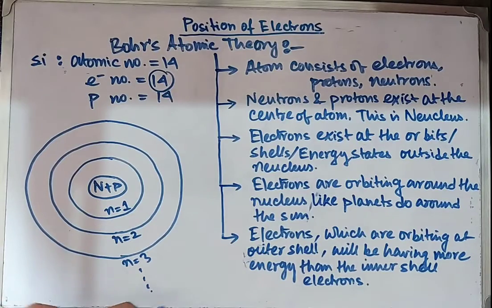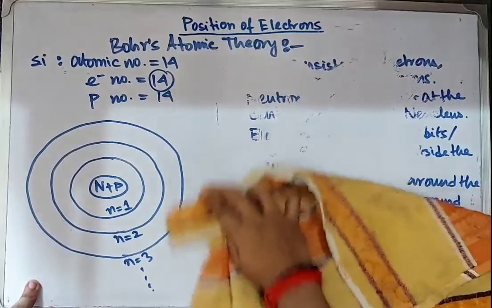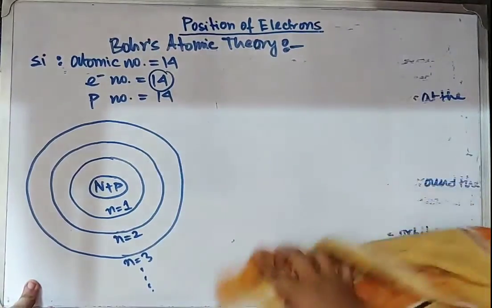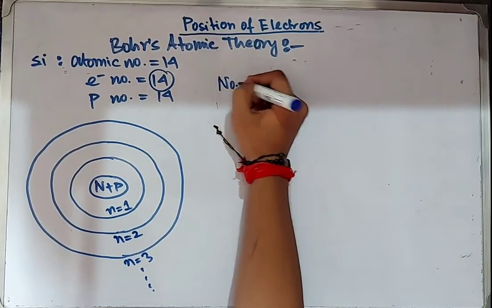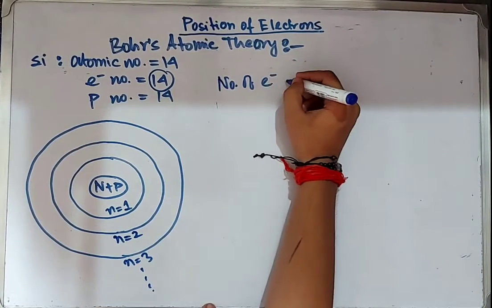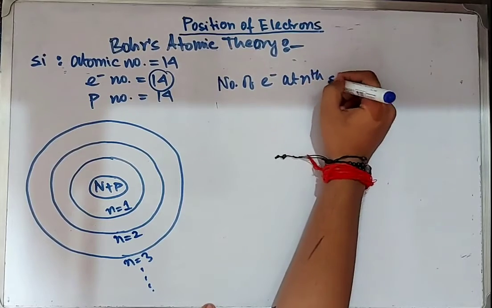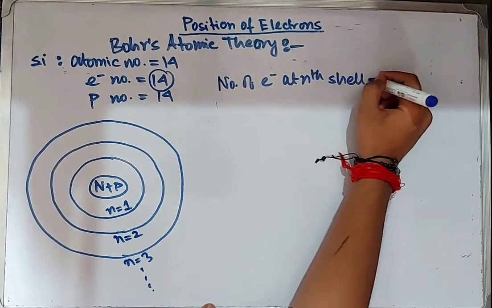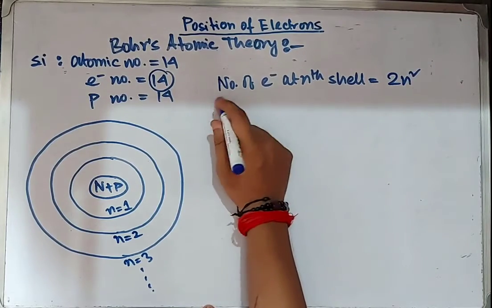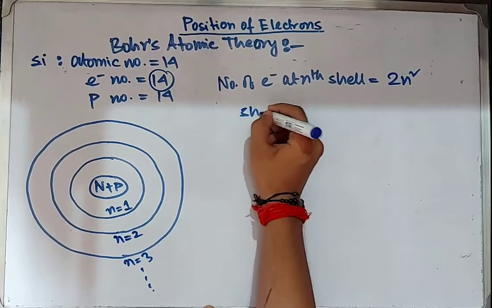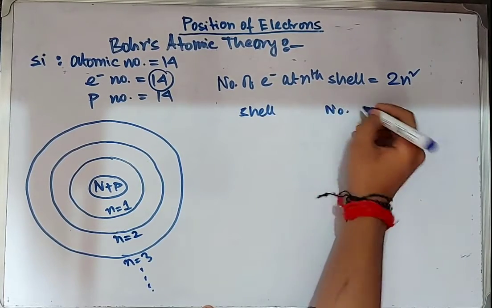There is a formula: number of electrons at nth shell is equal to 2n square.